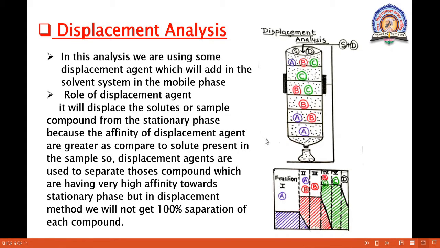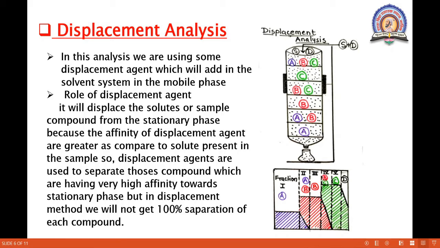Okay, student, we see this figure. In this figure, this is a column which is filled with the stationary phase and the mobile phase is introduced from the top. Along with that mobile phase, we also add the displacement agent. The compound which has the highest affinity towards the stationary phase is eluted first.